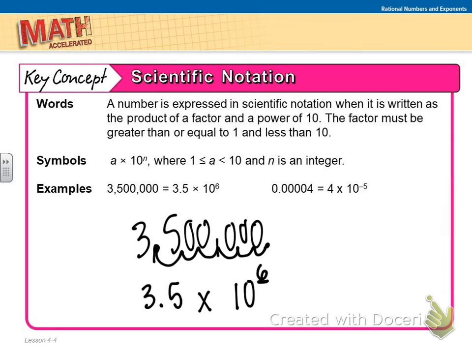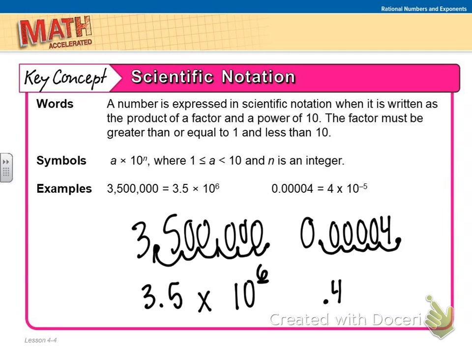All right, and then our second example, where are we going to have to go this time? We're going to have to move our decimal to the right to get to a factor between 1 and 9, right? How many times? 5. If we only moved it 4 times, we would get 0.4, and that's not a factor between 1 and 9.